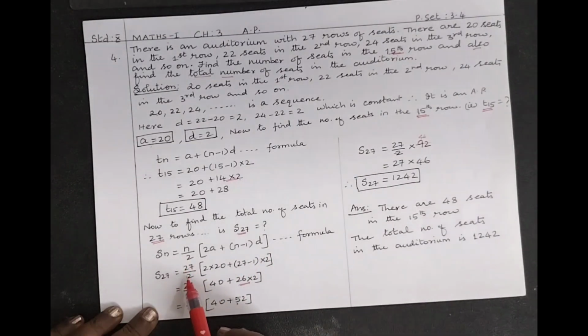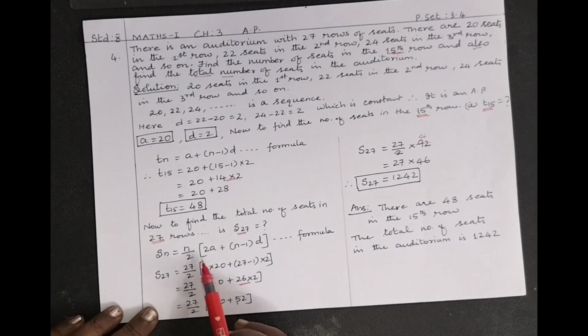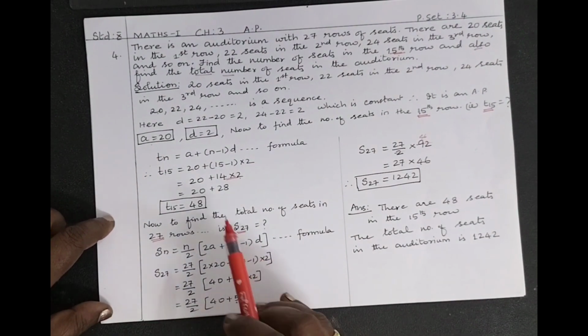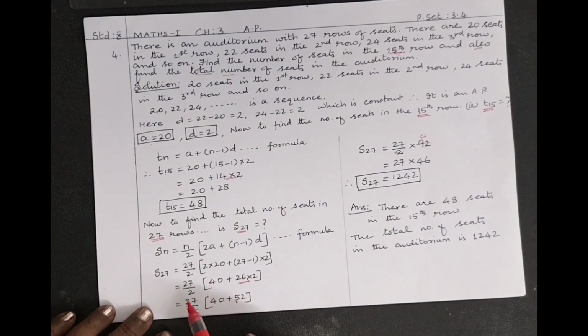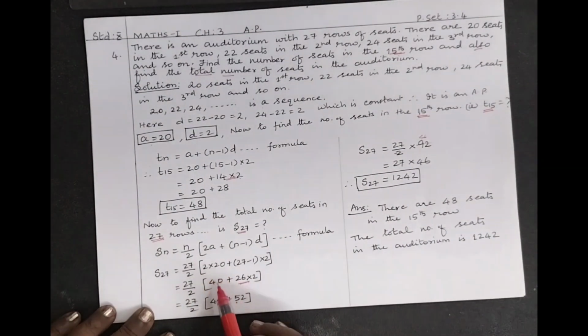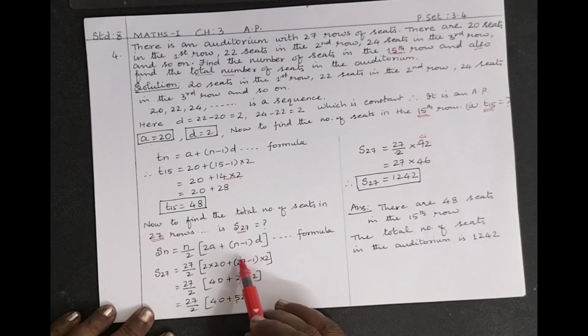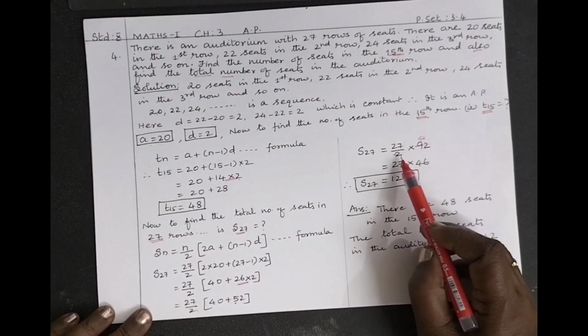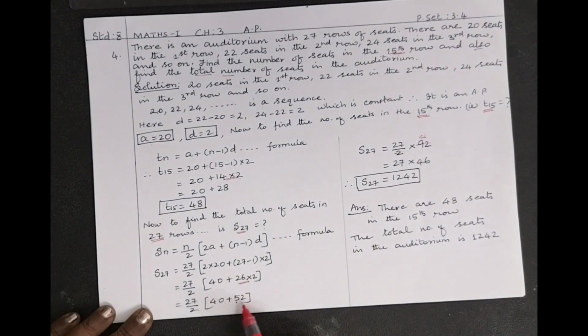S27 equal to 27 upon 2 into 2 multiplied by 20 plus 27 minus 1 into 2. So 27 upon 2 into, multiply these two, that is 40 plus 26 multiplied by 2. So 27 upon 2 into 40 plus 52. So 27 upon 2 multiplied by 92.